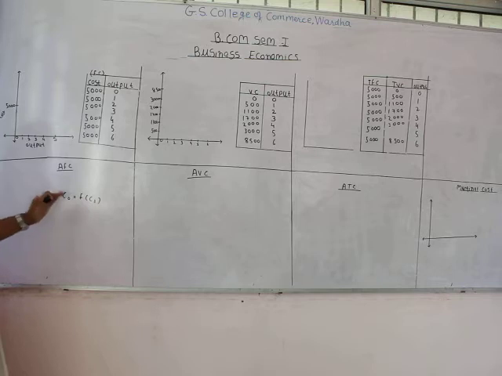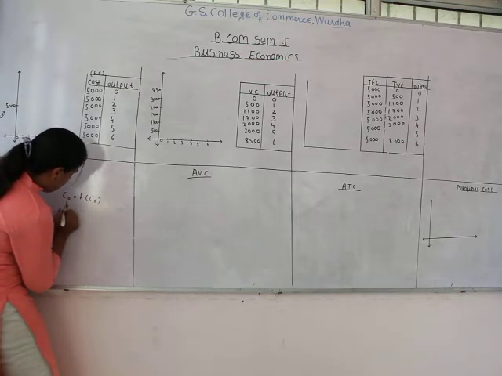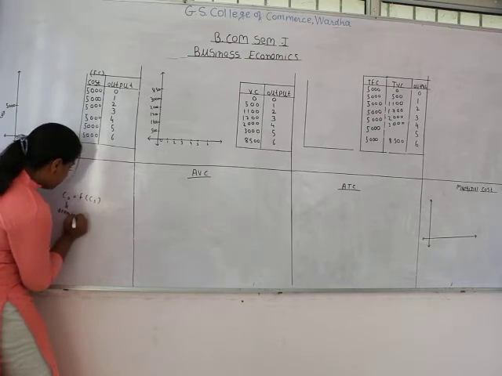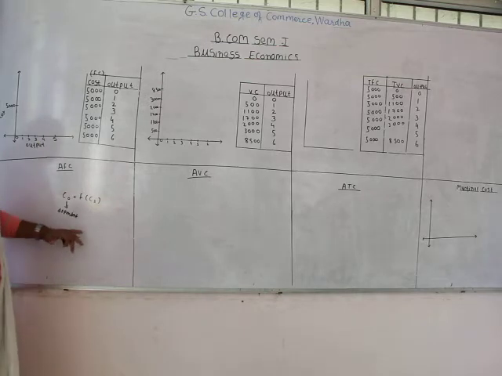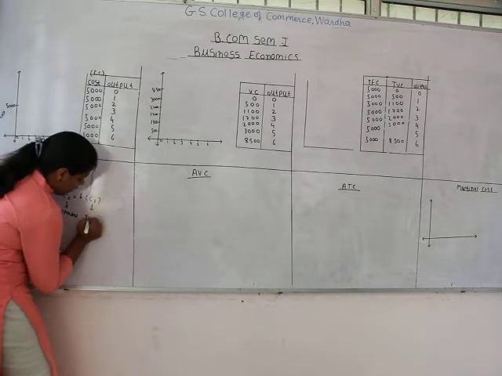Cost of output is the dependent variable. And why is it a dependent variable? Because it depends upon the cost of input, and cost of input is the independent variable.